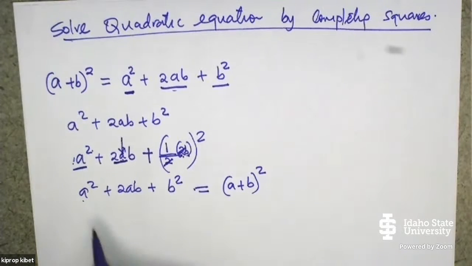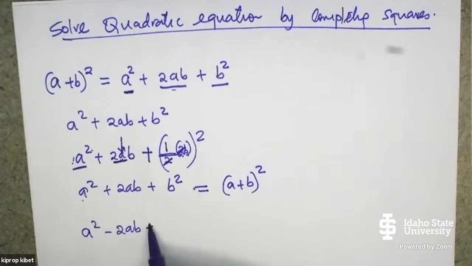The same thing happens to a squared minus 2ab plus b squared.